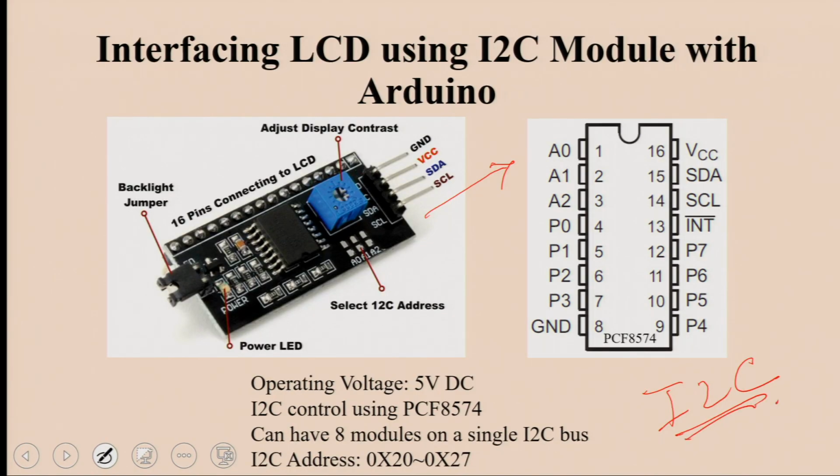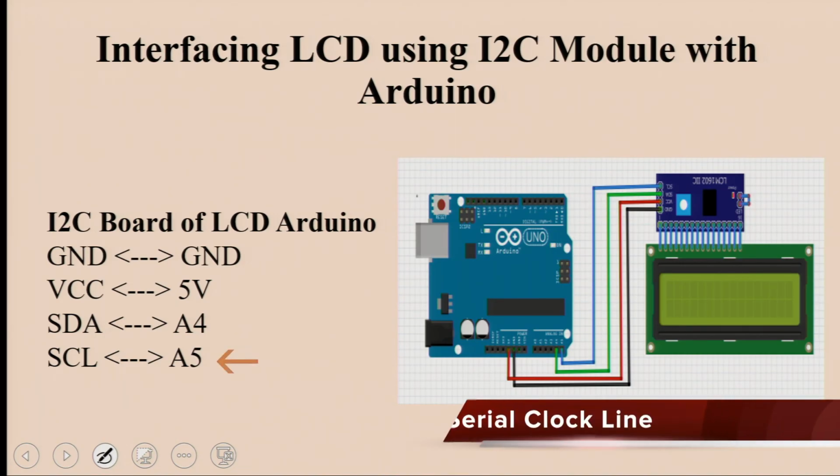It makes use of an I2C bus, which communicates directly through serial communication lines. So, the chip itself, this I2C board that we are going to interface as an intermediary between your LCD board and Arduino board, consists of 2 pins that include the serial clock line and serial data line.